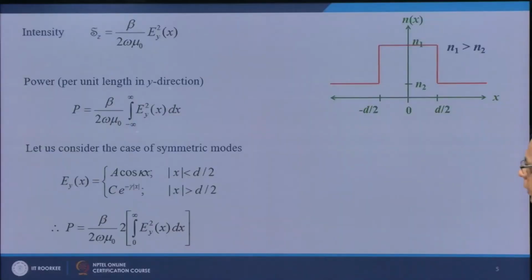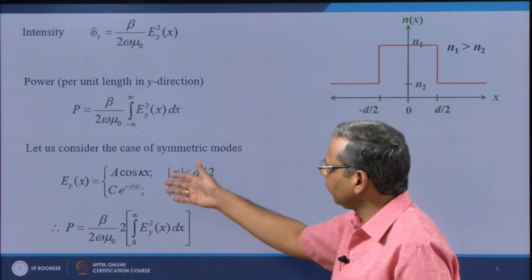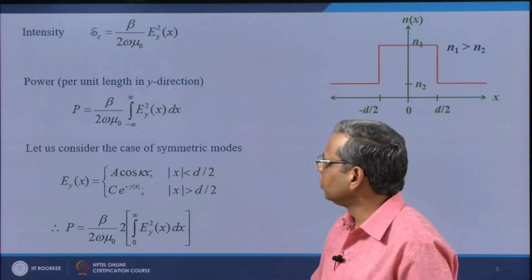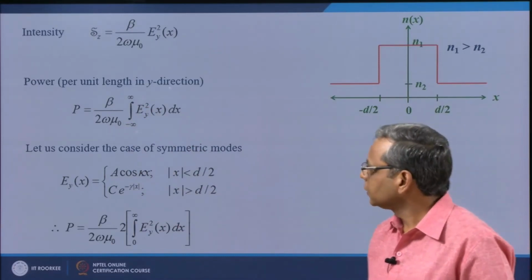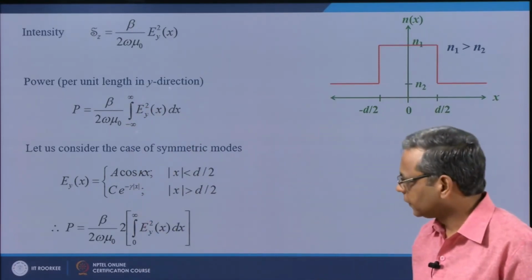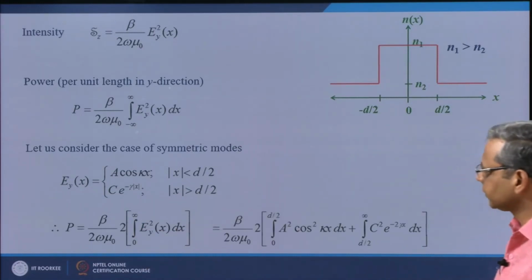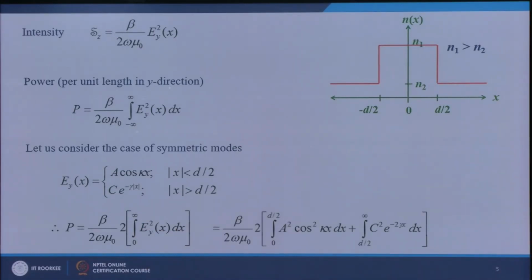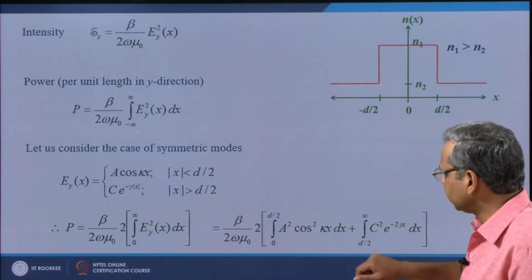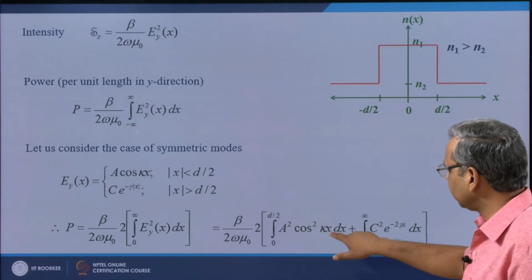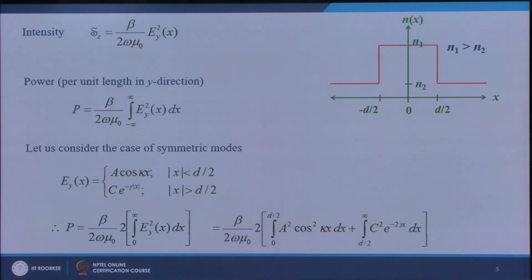So, let me substitute this into this expression, and I also make use of the fact that this is a symmetric mode. So, this integral from minus infinity to plus infinity can be written as 2 times 0 to infinity. I make use of that and then substitute Ey of x, then I get beta over 2 omega mu naught times 2 times the integral from 0 to d by 2 of a square cosine square kappa x dx plus the integral from d by 2 to infinity of c square e to the power minus 2 gamma x dx.